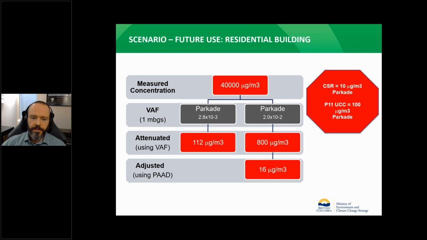This calculation results in a preliminary attenuated concentration of 800 micrograms per meter cubed using just the subslab VAF, and 16 micrograms per meter cubed using the subslab VAF and the PAD. 16 micrograms per meter cubed is shown in red because it still exceeds the CSR standard for parkade use. However, it is below the upper cap concentration of 100 micrograms per meter cubed.